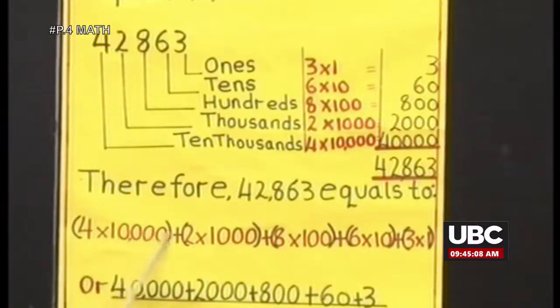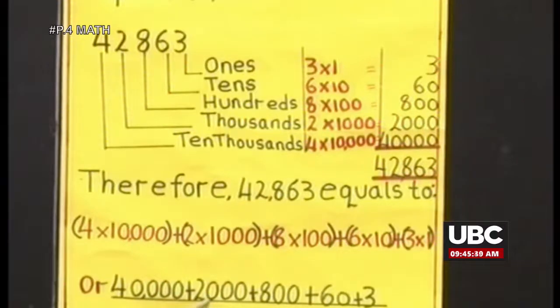If you multiply these numbers and add them, you get to this number, 42,863. It has been written in a larger form. And there is another way you can write the same number in a larger form, this time using values alone. 4 times 10,000, you get 40,000, plus 2,000.